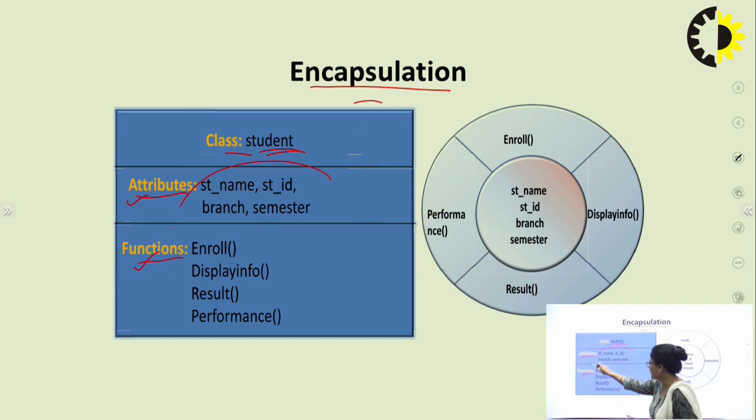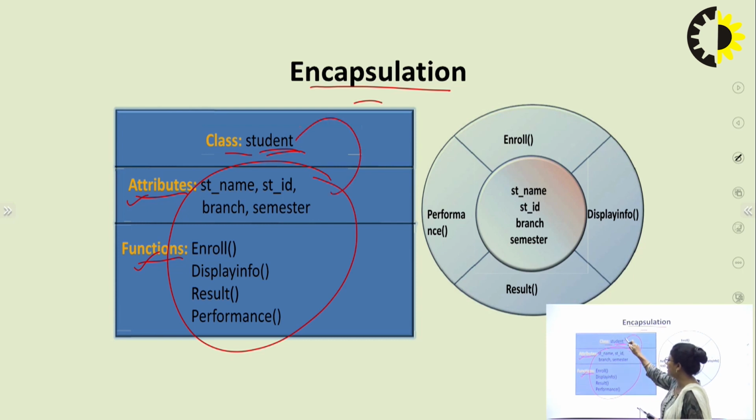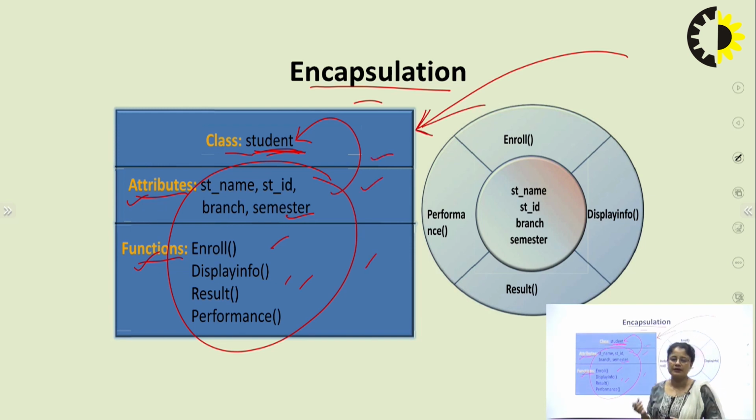These are encapsulated inside the class student, and external components of the program will access them. How they access these members of the class depends upon the specifications, like whether we go for public, private or protected access.